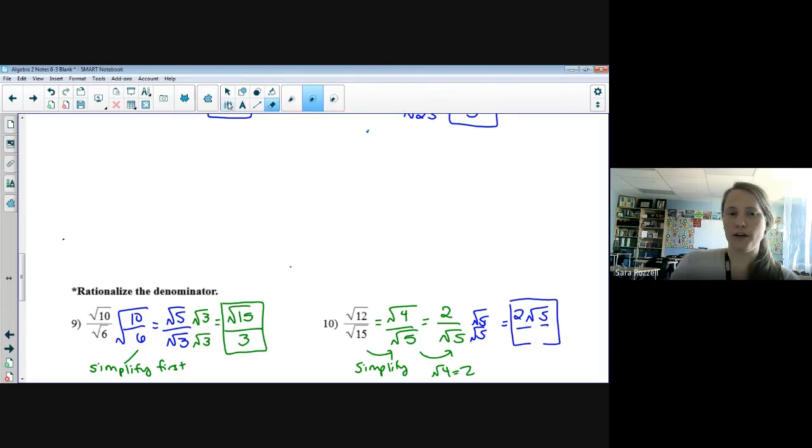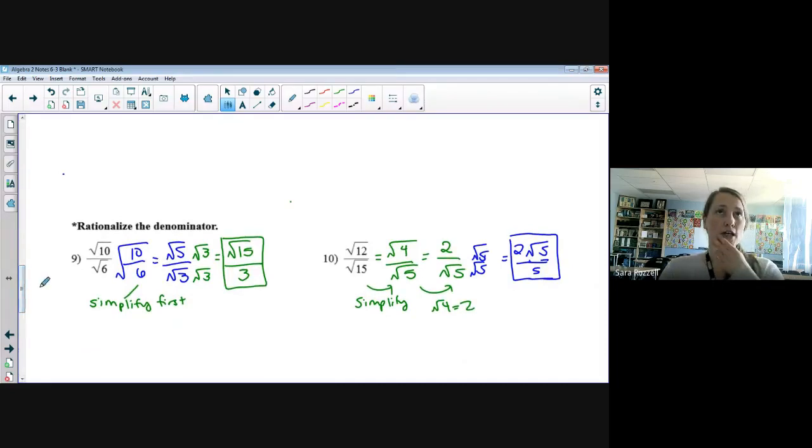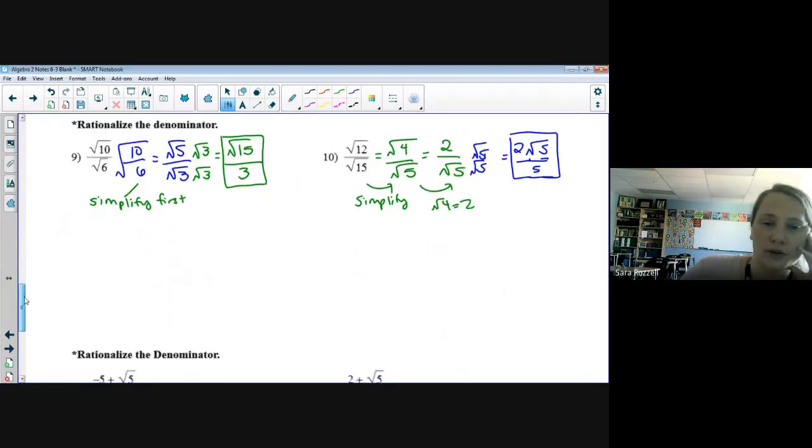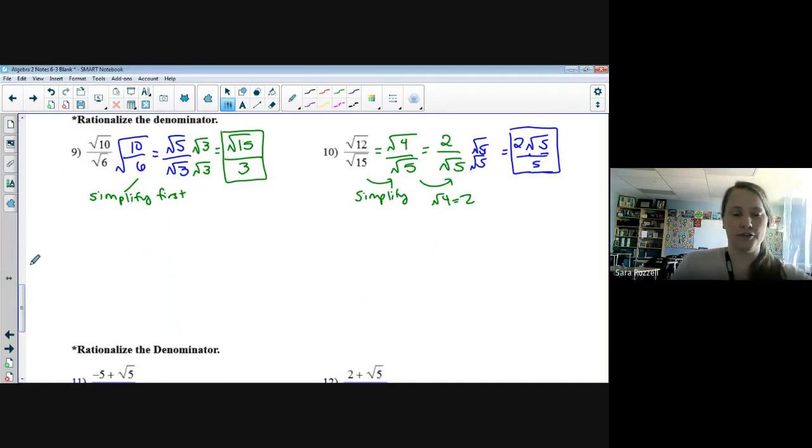All right. And the very last thing is sometimes we don't just have one number on top and one number on bottom. We've got a combination. And for those, we're going to multiply on top and bottom by the conjugate of the bottom. And the conjugate is what we would have, remember when we did those problems where we had to switch our signs with the i's and the square roots to get our second set of roots?